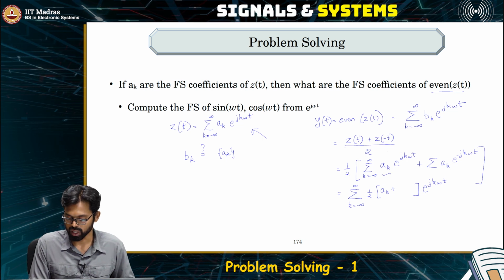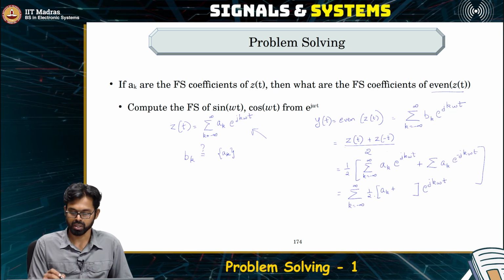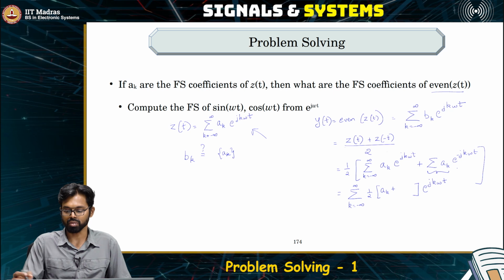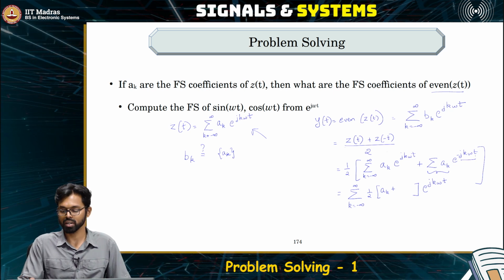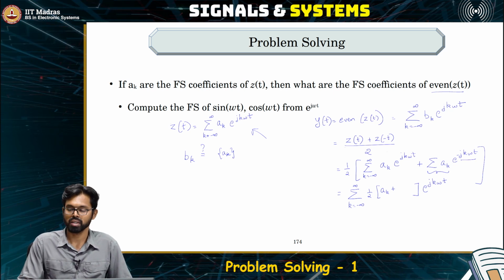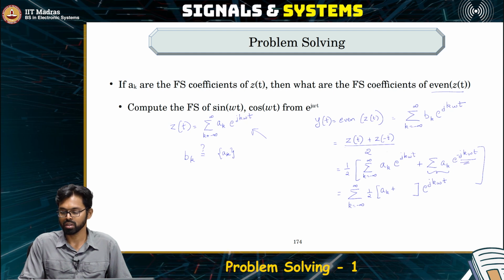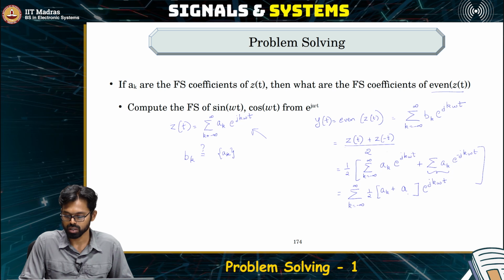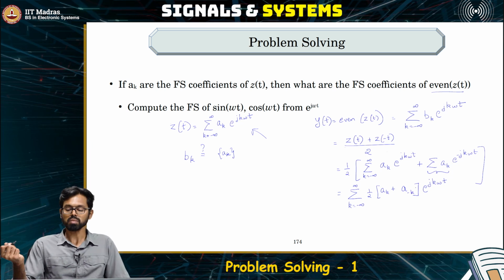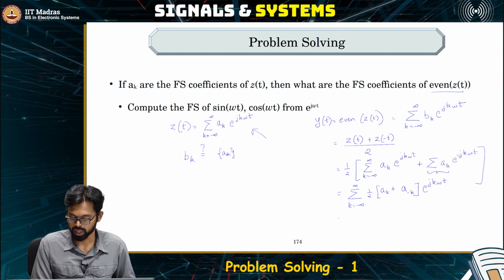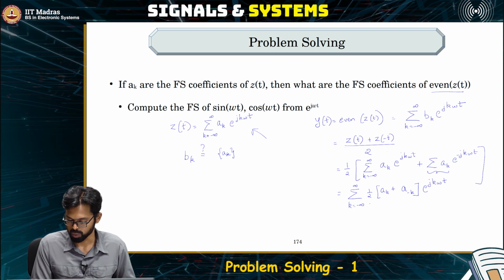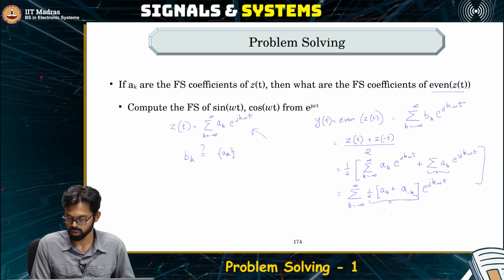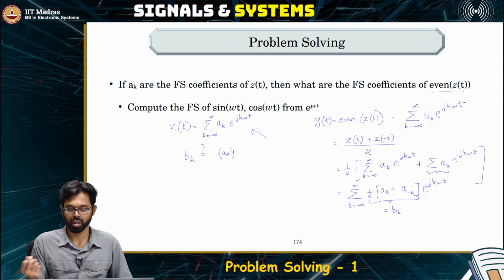The coefficient of e power jk omega t here is ak, so that comes in as such. What is the coefficient of e power jk omega t in the other term? Whenever k is negative, you get the exponent here to be jk omega t. So, the corresponding coefficient here is a minus k. So, now this entire term equals bk.